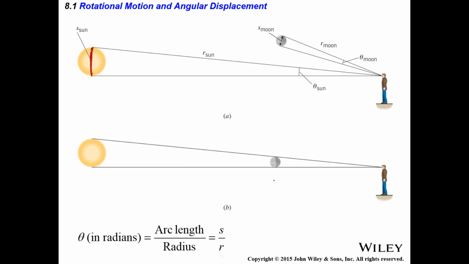So I write theta of the moon is going to be S moon over R moon. Theta of the sun is going to be S of the sun over R of the sun. S of the sun is going to be 400 S of the moon.